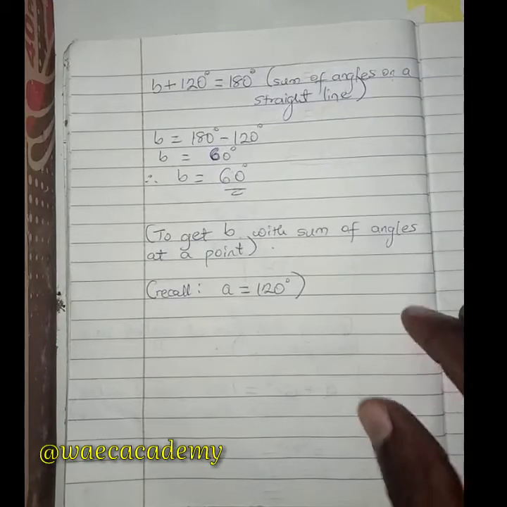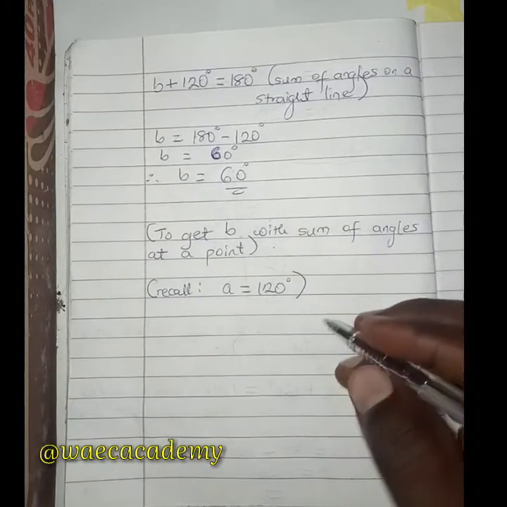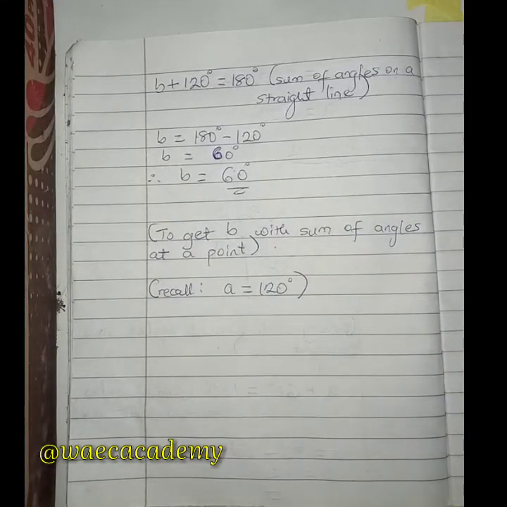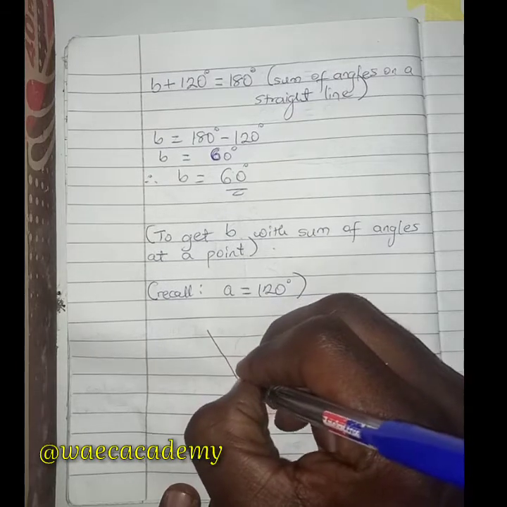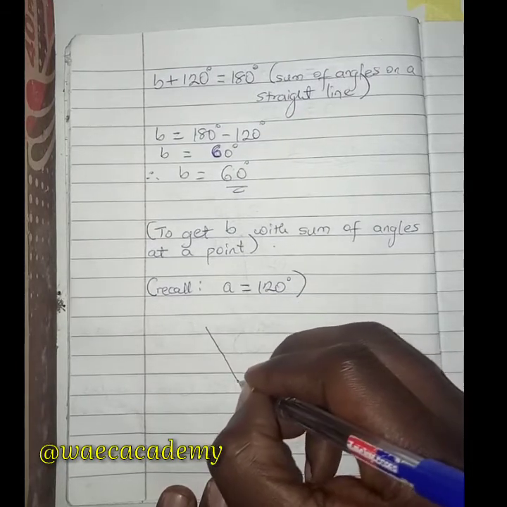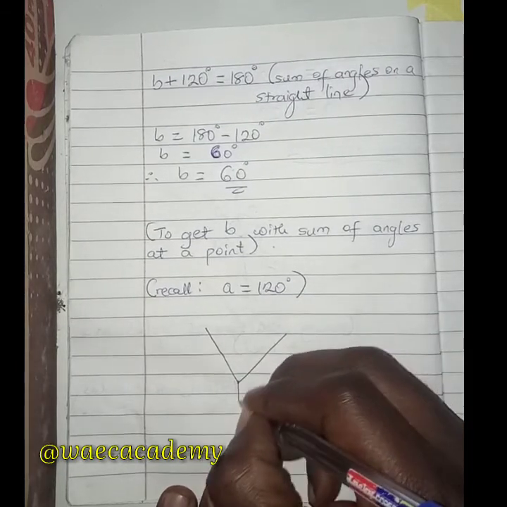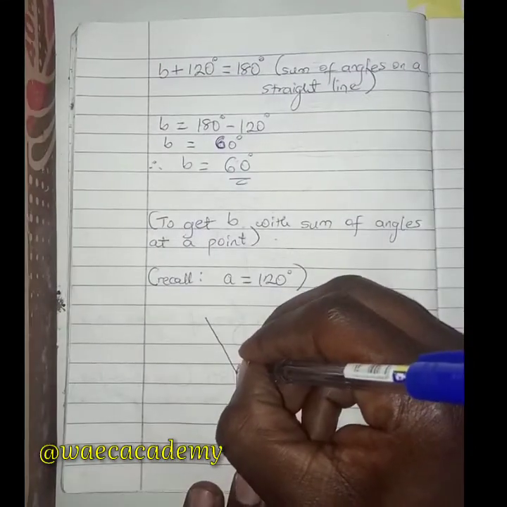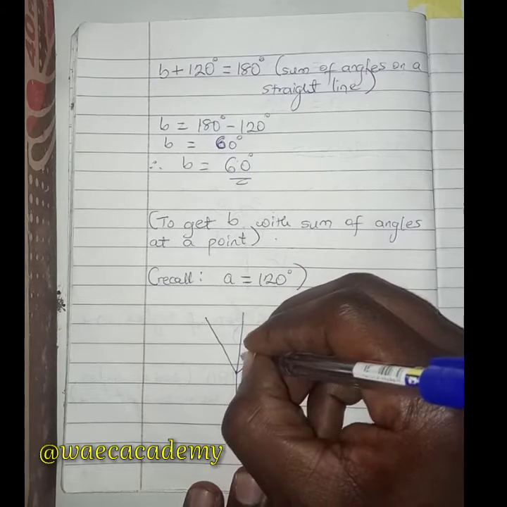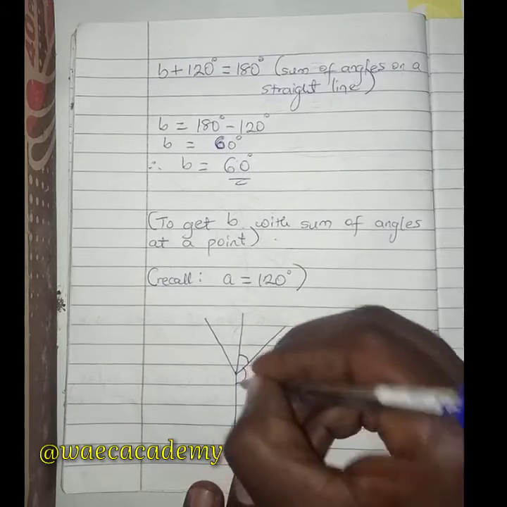So let us try to draw the diagram here again and see if we can solve it with sum of angles at a point. Okay, so let's draw the diagram again of that question. Okay, so we have this. Then we have a dividing line here. Okay, so this is the diagram.